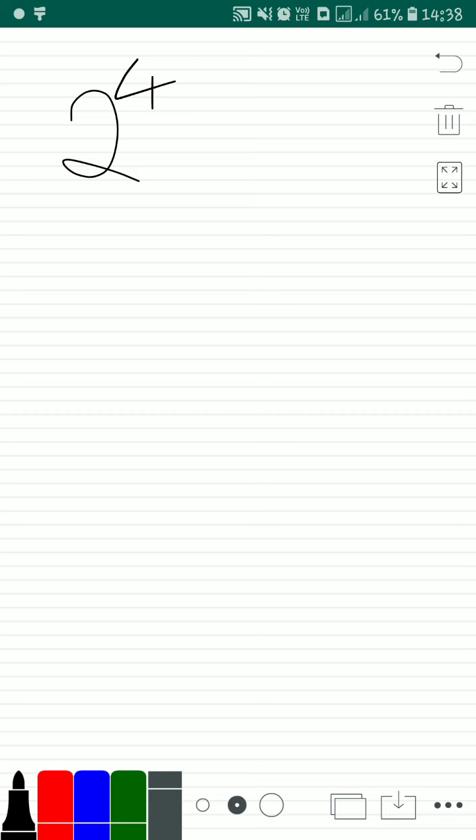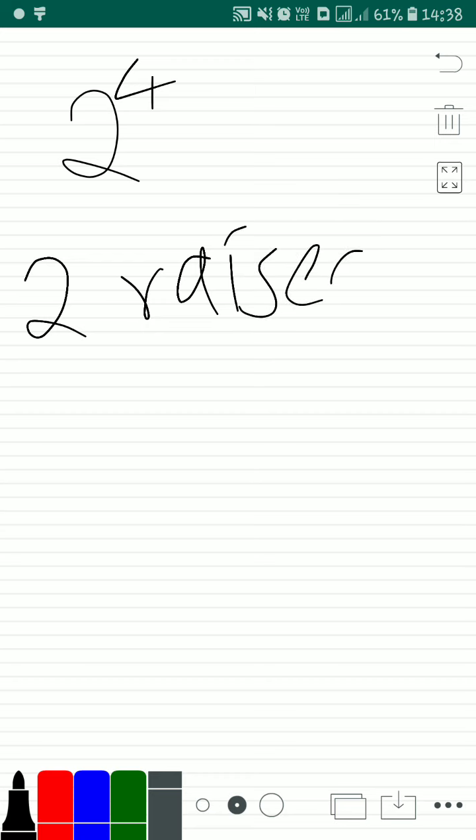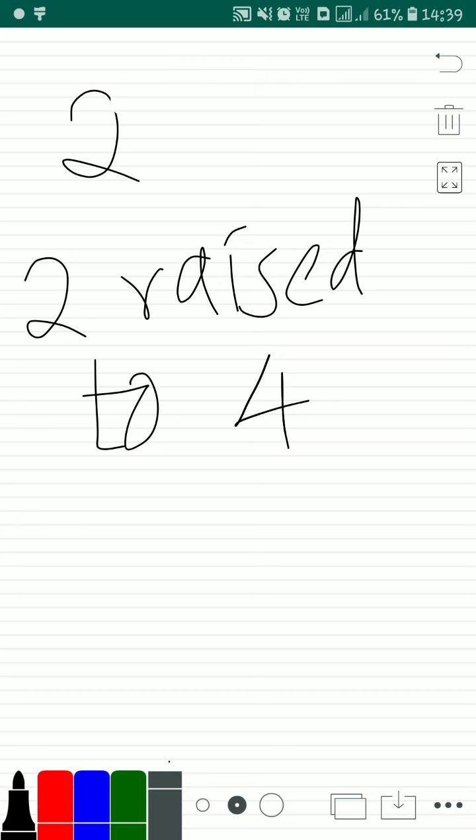So from 4 onwards you have to read it as 2 raised to 4. If it is 5, then it becomes 2 raised to 5, and so on.